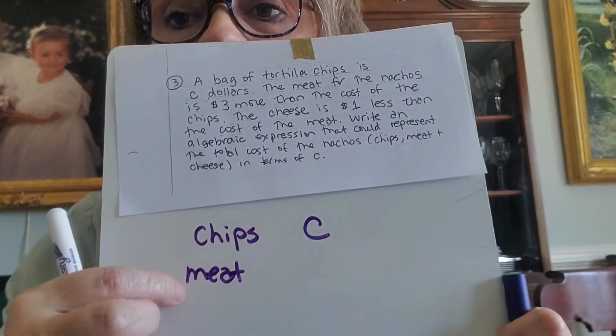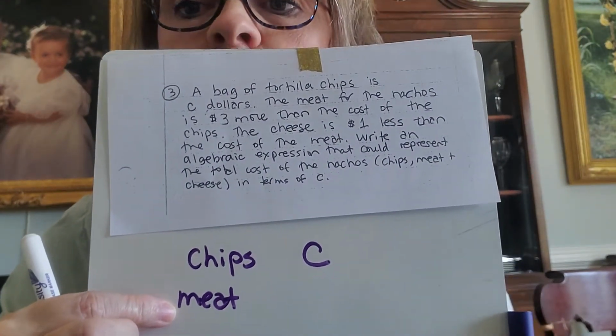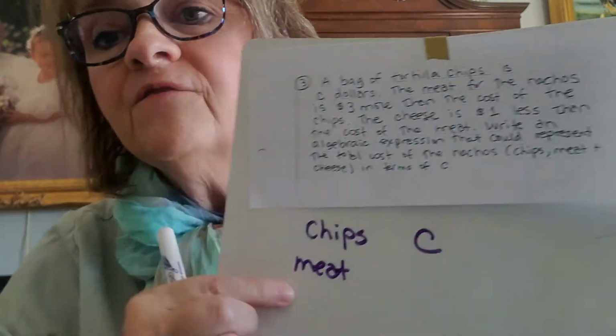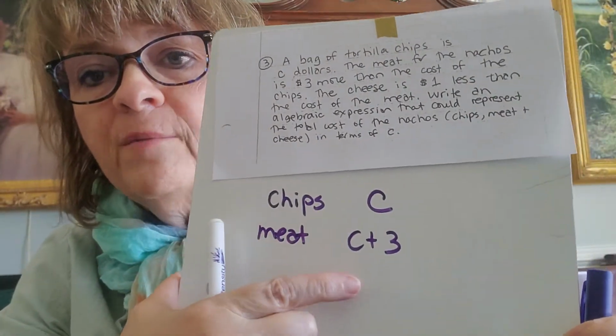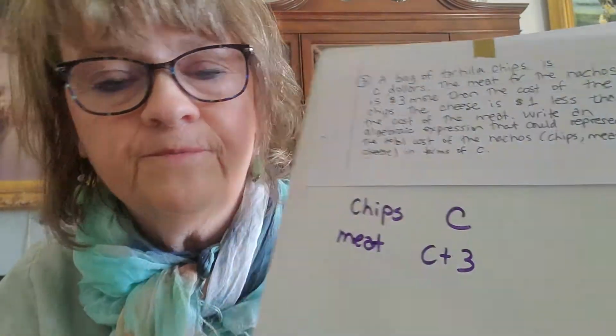It says the meat for the nachos is $3 more than the cost of the chips. The cost of the meat is $3 more than the cost of the chips. So if the chips we don't know, but the meat is 3 more, what are you thinking? If you're thinking C plus 3, you're right. This is 3 more than the cost of the chips.